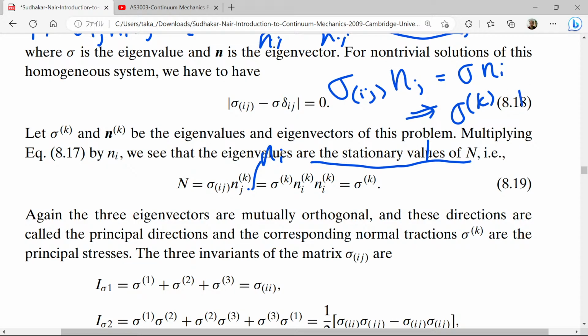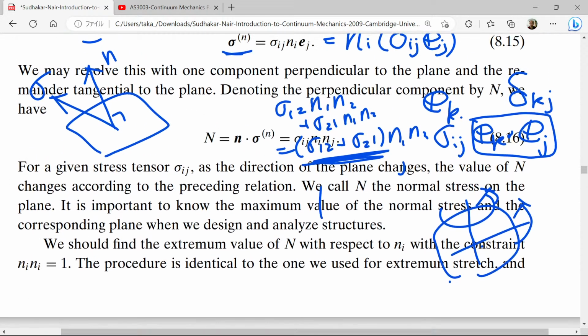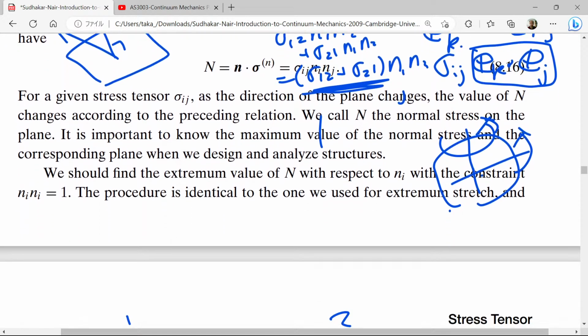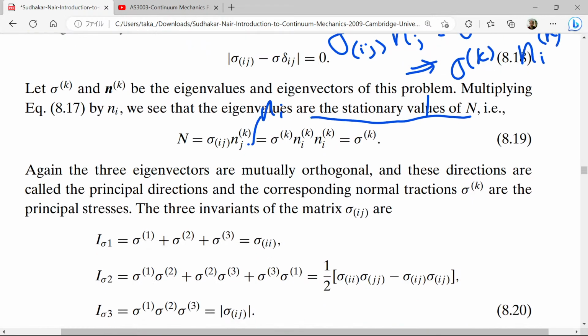Then we also have eigenvector nik. But the question is, which is the principal axis? So we had 3 directions. Normal, okay.